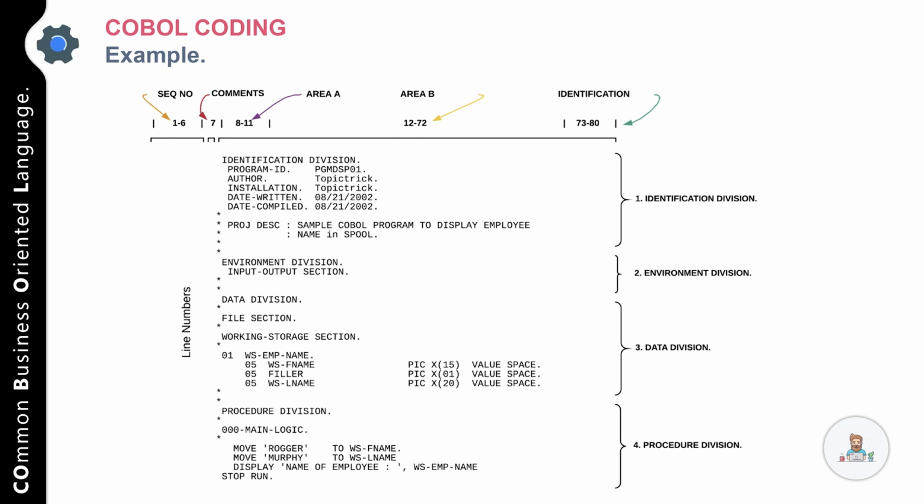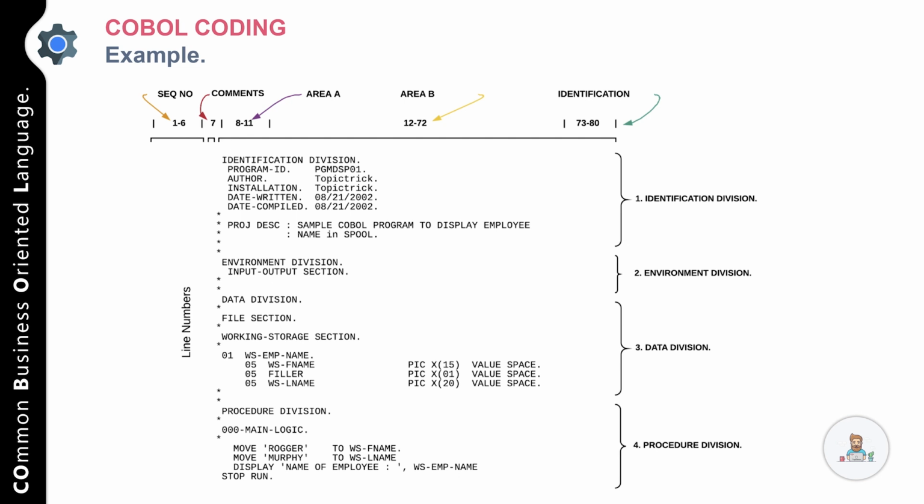Area A, from 8 to 11, is used to specify your division and paragraph names. Then you have Area B, from position 12 to 72, in which you include most of your COBOL entries and program logic. After that you have positions 73 to 80, which are used for identification, and I've just left that blank.